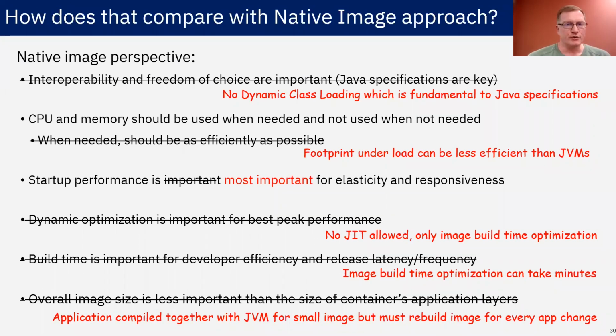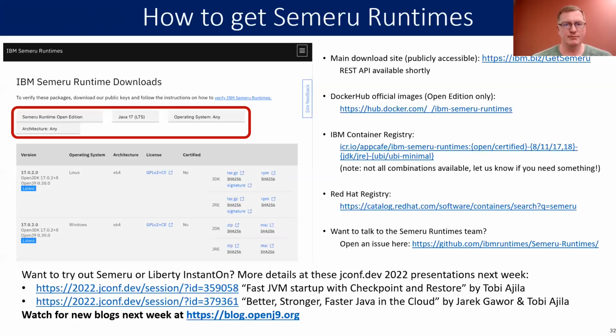Let's just go quickly. So this is a slide. I don't have much time left, but this is the slide that tells you where you can get Semeru Runtimes. The downloads are at ibm.biz/get-semeru. There are official Docker Hub images. There is the IBM container registry, which has all of our Docker containers available. The Red Hat registry has our containers available.